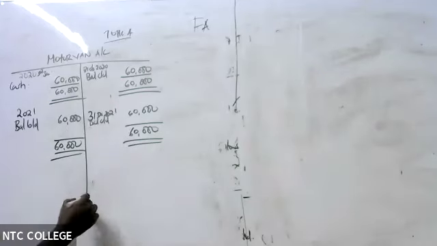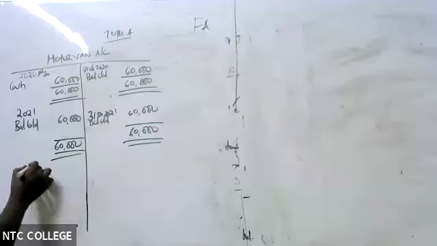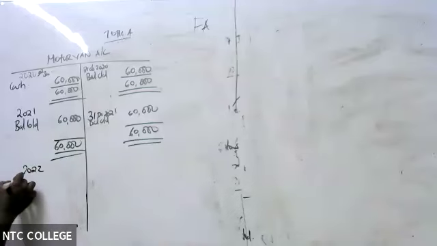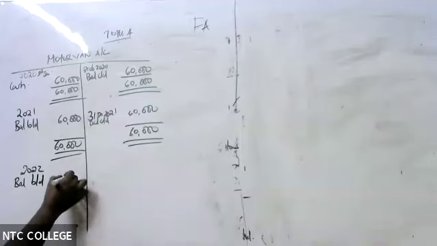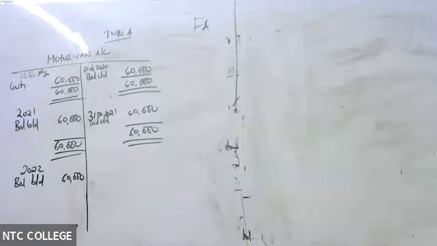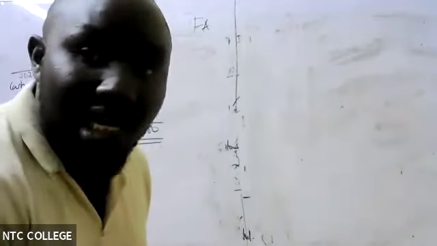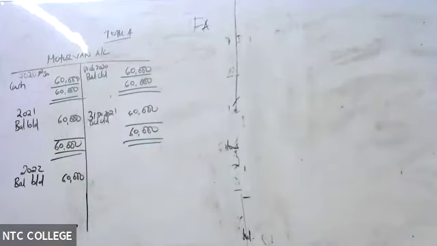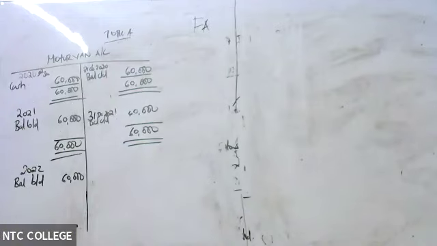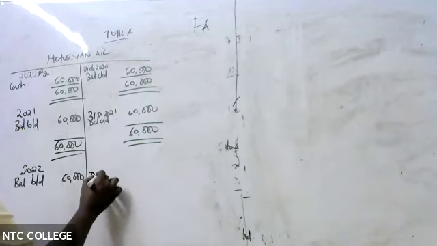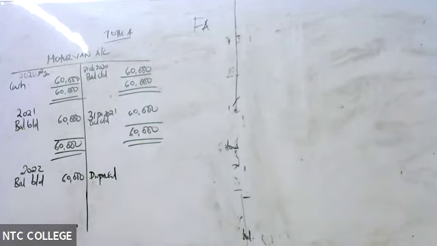So in the year 2022, which is the last year, we have balance brought down, that is 60. But two things are happening here. In 2022, there's what we call disposal. Are we together? One car was disposed. How much was that car?